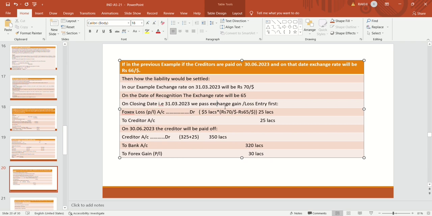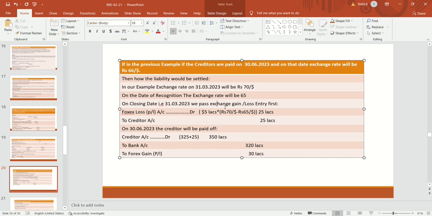So how will we determine this? The creditor is 5 lakh dollars at the rate of 65. Now the creditor will be charged with the differential amount, increased by the difference, because the exchange rate has also increased. So rupees 70 per dollar minus rupees 65 per dollar, multiplied by 5 lakh dollars, makes 25 lakh rupees, which is the foreign exchange loss, forex loss charged to P&L.